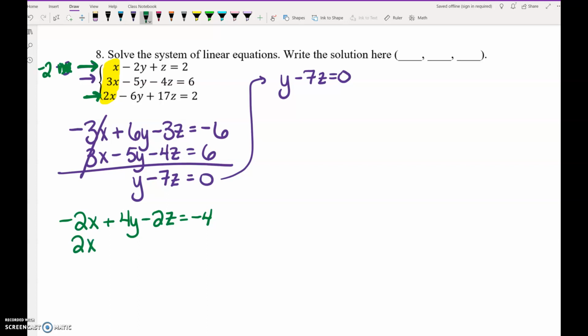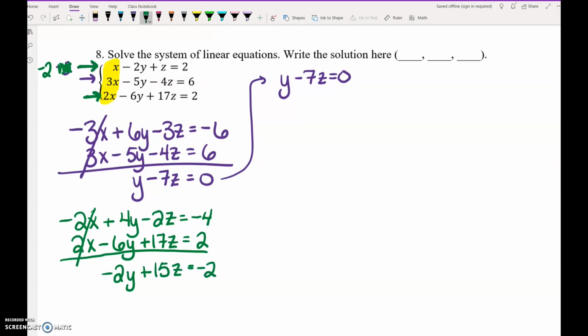And my original bottom equation, 2x minus 6y plus 17z equals 2. Adding, I get negative 2y plus 15z equals negative 2. And that needs to join this other one.